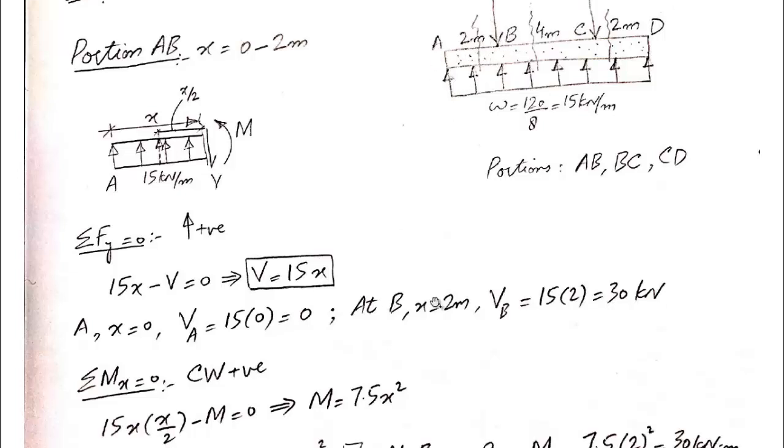So when we plug in, we get the value of VB: 15 into 2 equal to 30 kilonewton, and this is positive. So at point A, shear force is 0, and at point B, shear force is 30 kilonewton. Now is this 0 logical? This is the free end of the beam or the footing, and there is no point load acting at this free end. So having 0 shear is totally logical for this case.